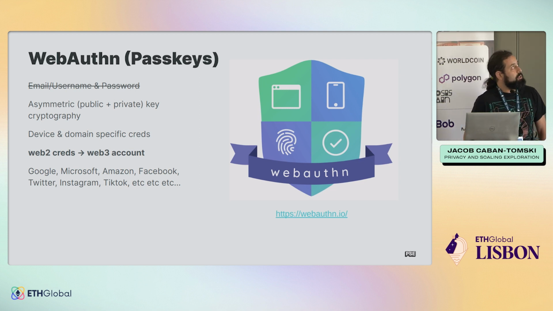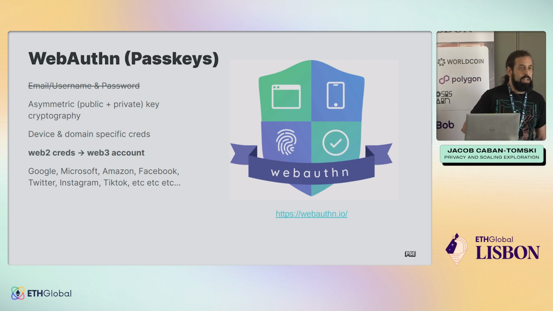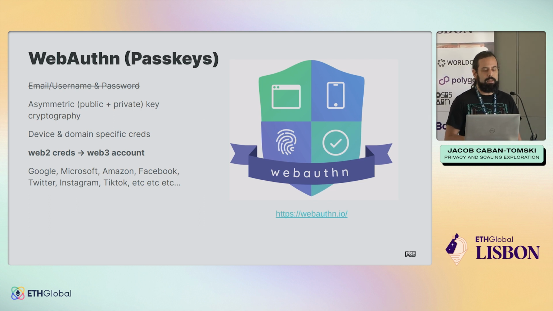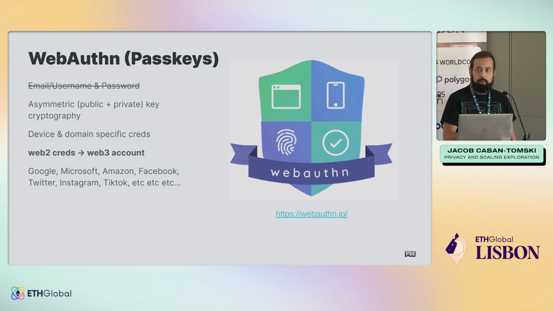It's device and domain specific, and it already has support from companies such as Google, Microsoft, and Apple. But in theory, any Web2 company would be able to implement this as part of a login. And so we can take advantage of those asymmetric keys to allow these to sign for a Web3 account. So anyone potentially with accounts already at these places that has WebAuthn could control an account using those.